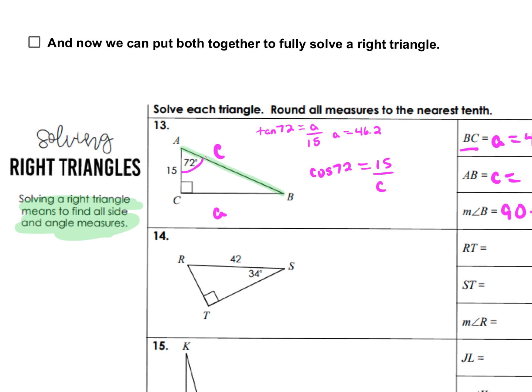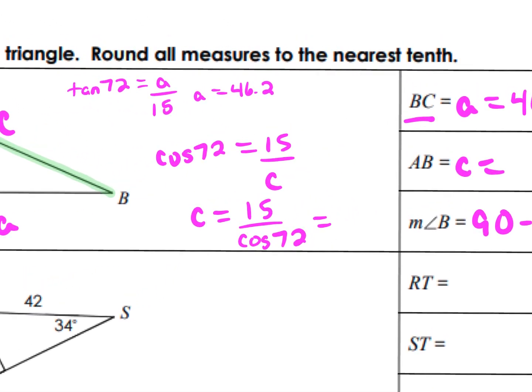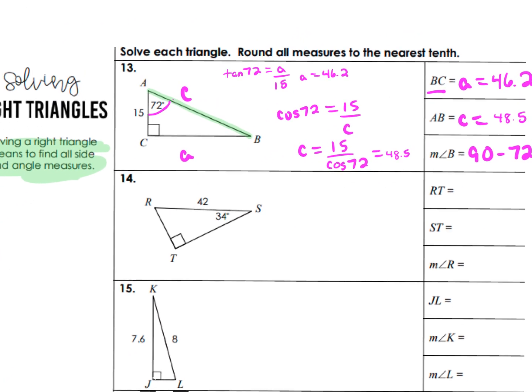Think of cross multiplying and then dividing. So C is going to be equal to 15 over cosine of 72, which gives us, how much? 48.5. Check my math, please, guys. Plug in these answers and make sure you're comfortable with how you're plugging in.